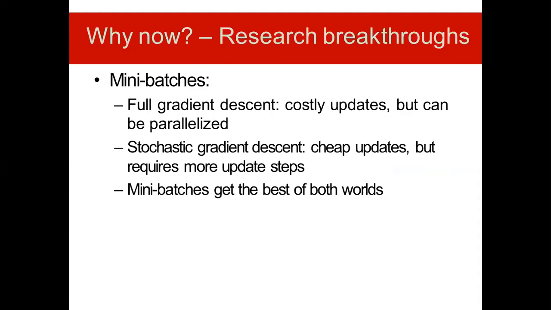On the other hand, SGD, stochastic gradient descent, is very cheap, because you only compute a gradient using one data point, but it may require more update steps. So mini-batch utilizes multiple data points, but not all the data points, to compute the gradient. It also turns out to be a very effective technique.